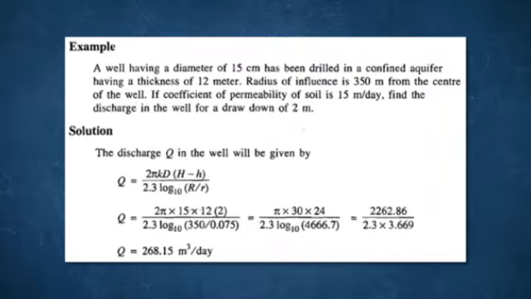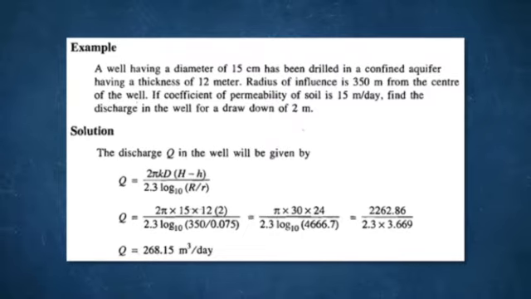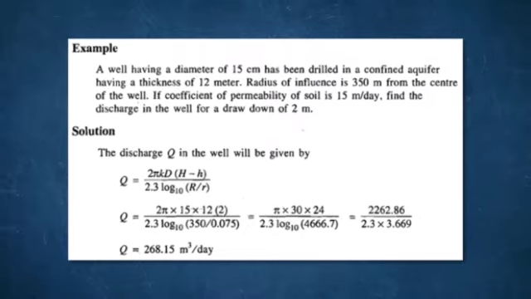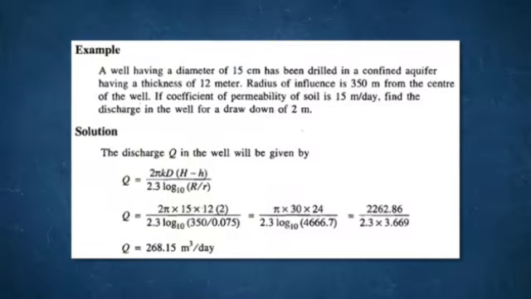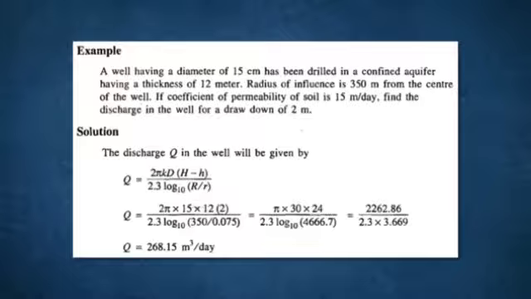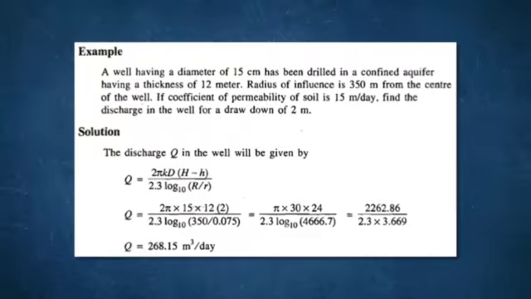The diameter is given as 15 centimeter, so in meter it is 0.15 meter. So small r is equal to d divided by 2, so put here 0.075. Simplify these values, and we get the answer Q = 268.15 meter cube per day.